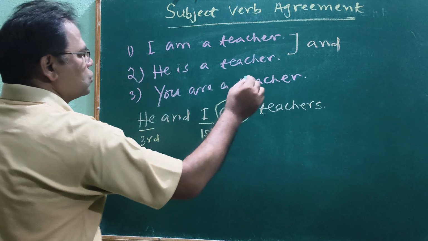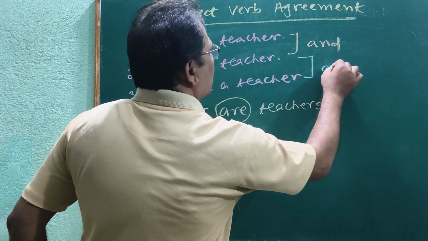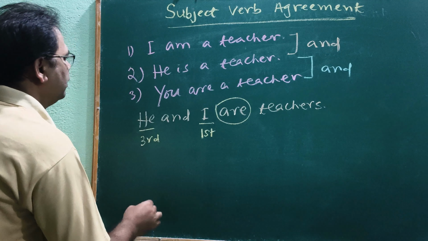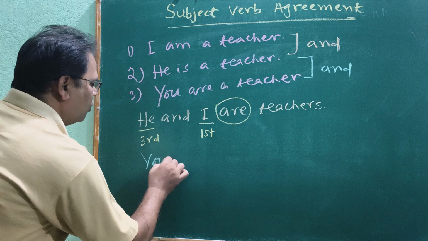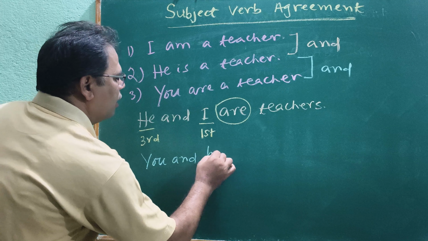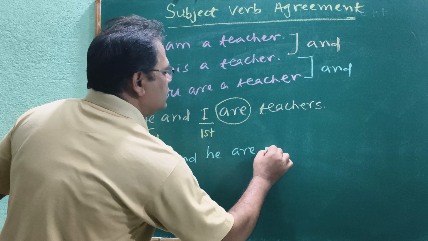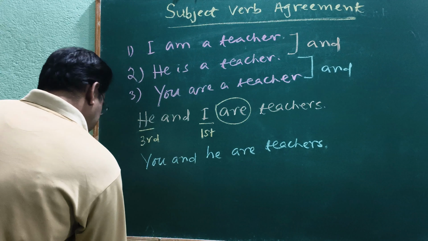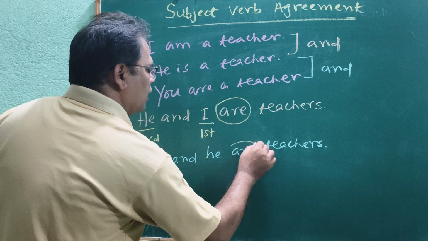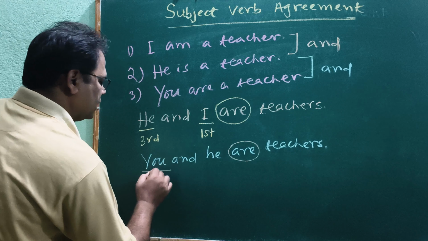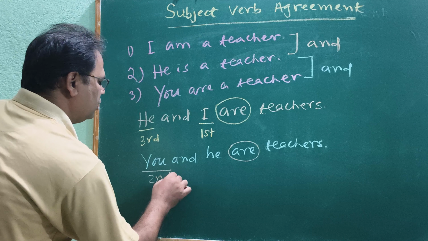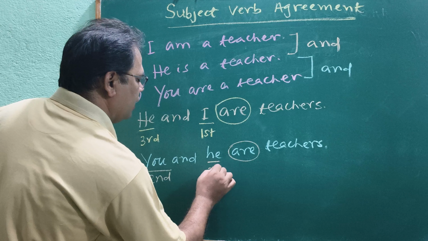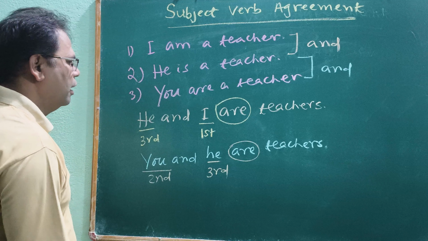So, if I connect these two with "and", what will it be? You and he are teachers. See, why is it "are" when the subject is second person and he is third person.